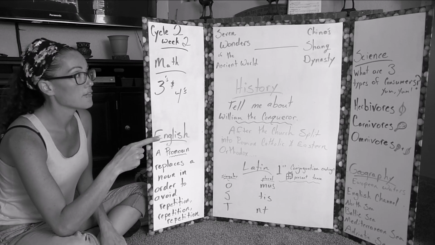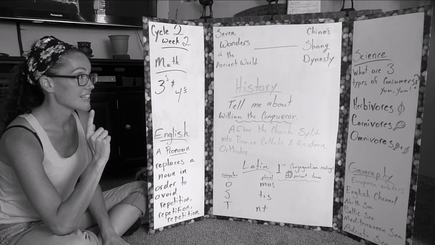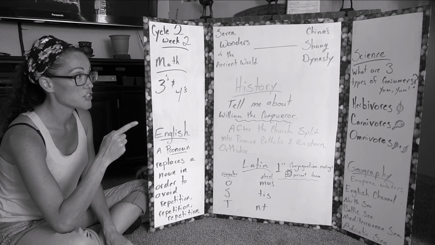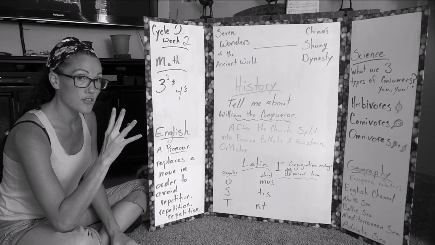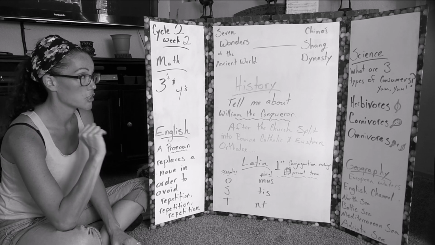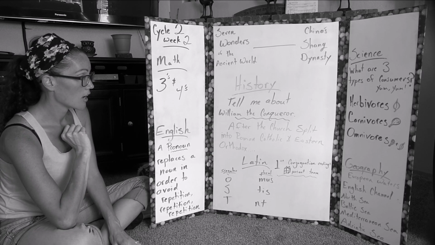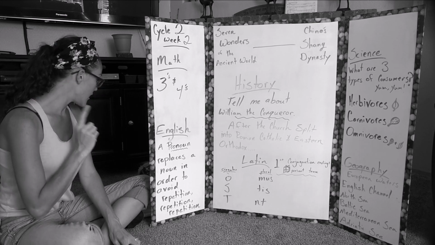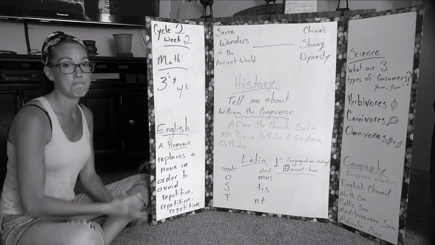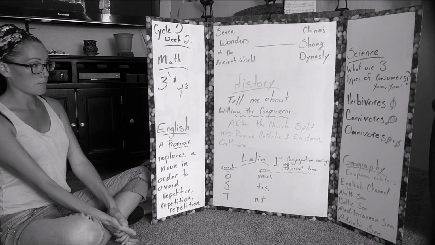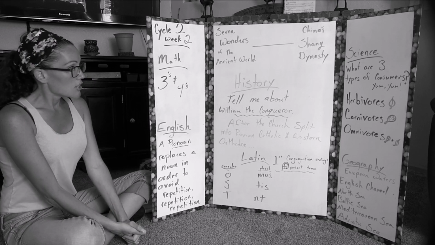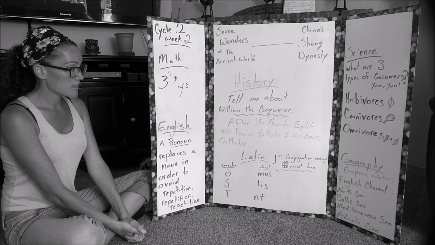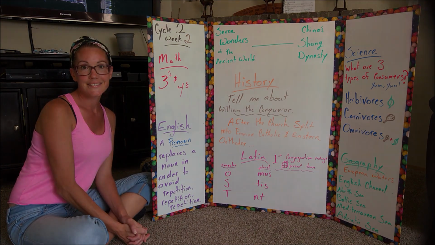Science is 1 week off. So if you're doing 5th edition, then this science is science for week 3. 4th edition, it is for week 2. And geography is also the same. 4th and 5th edition is the same geography this week. So those are the only changes, and I hope that helps.